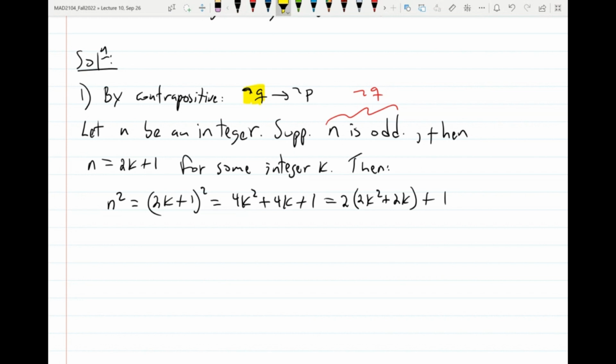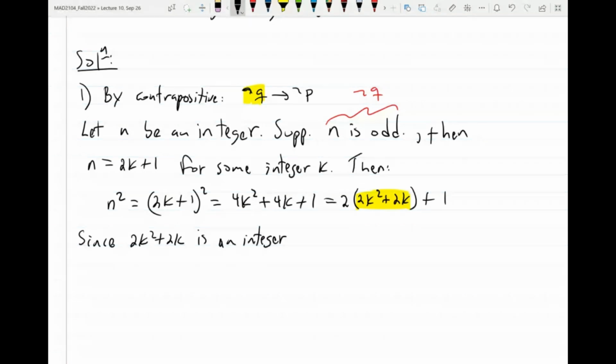The only thing that we need to argue now or say is this something. What must this be? An integer. Is it? Yeah. Why? Because k is an integer. So we're done. So n squared is equal to this. And then since 2k squared plus 2k is an integer, okay, you can say here, well, because k is an integer.